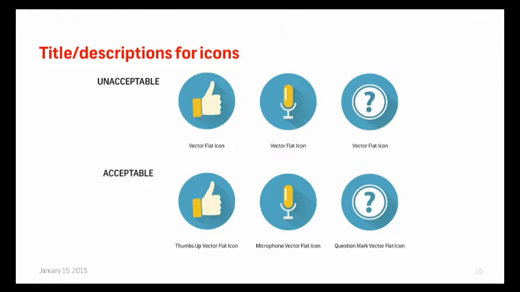So we have some icons here, and in the first row, you can see the way they're titled is just vector flat icon. Well, that could really apply to probably millions of assets on our site. We have a lot of vector flat icons. So imagine your frustration, doing a search for this, and you're just coming up with thousands of results as a customer.